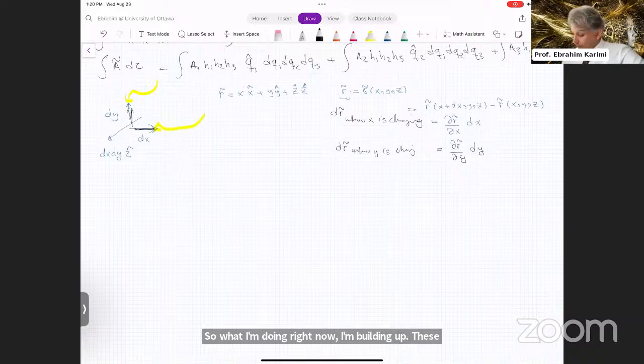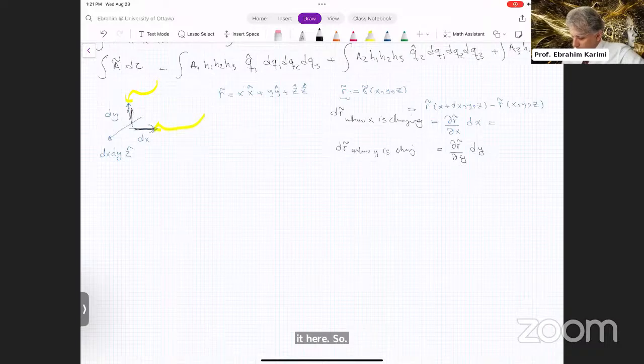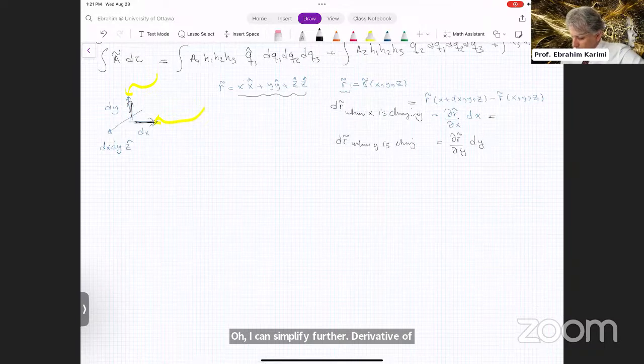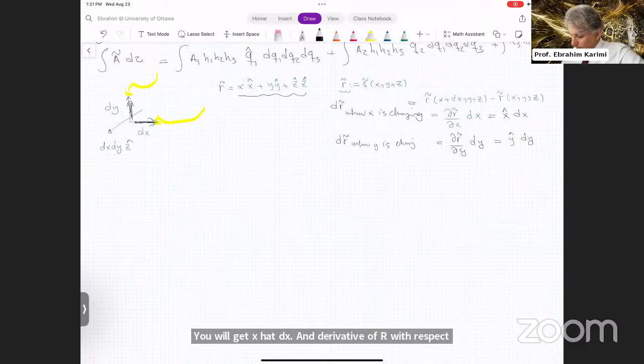Now I look at the surface that I have here. So dr, I can simplify further. The derivative of r with respect to x, what will you get? You will get x hat dx, and the derivative of r with respect to y, what will you get? You will get y hat dy.